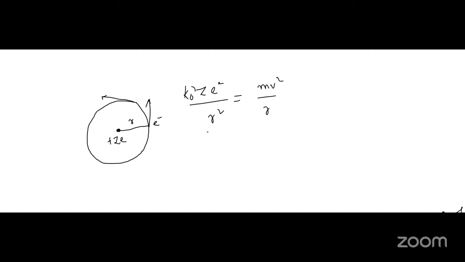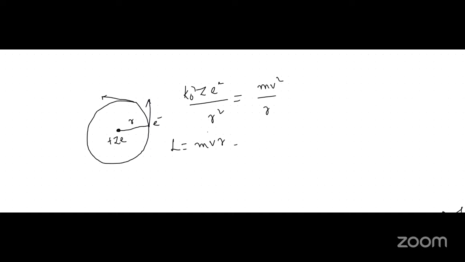The acting force on the electron is entirely radial. Because the electron is revolving in a circular orbit, the orbital angular momentum of the electron is given by L, which equals mvr.